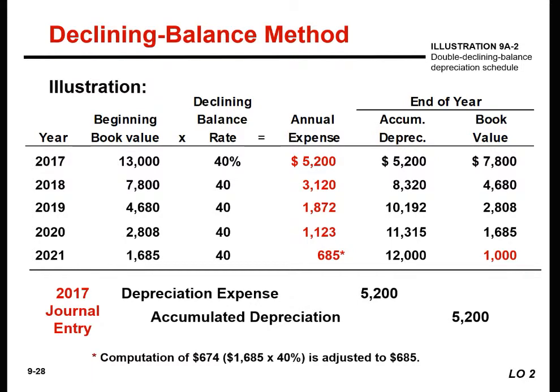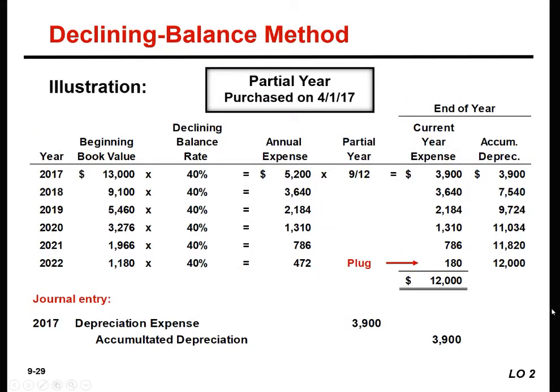Now let's look at the partial year with the purchase on 4/1/2017. You see in the beginning, we multiplied it by 9, divided by 12. And the 3,900 less 3,000 gives us the book value of 9,100.